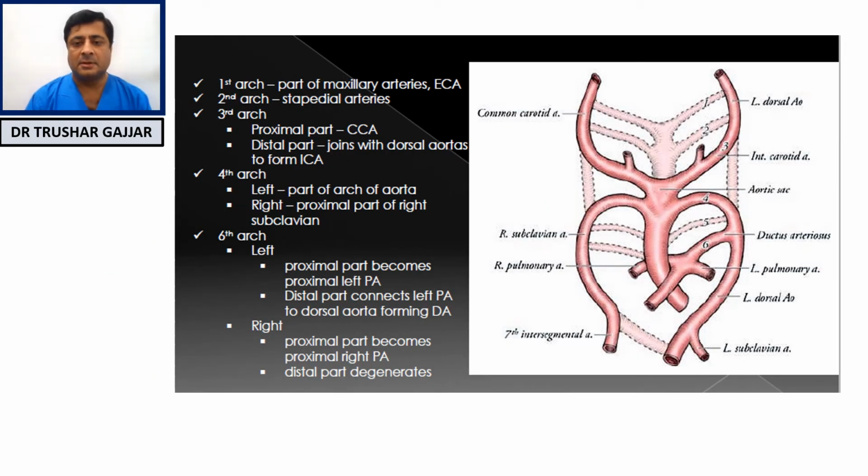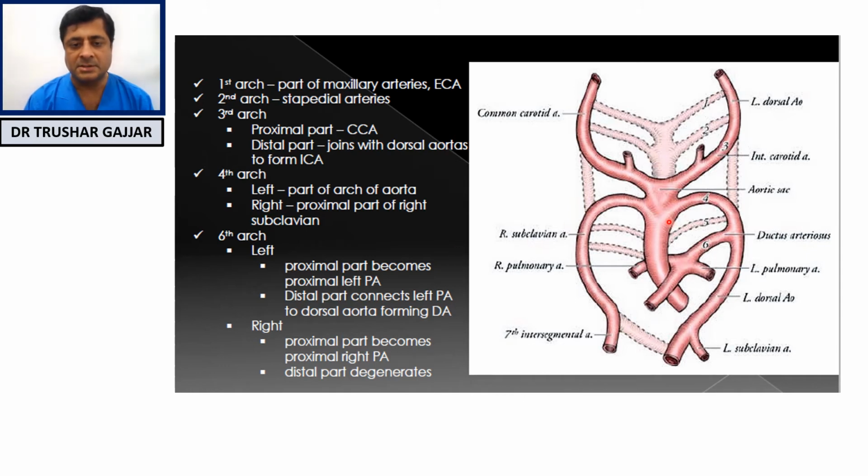So we'll see that the first arch will form the part of maxillary artery and the external carotid artery. The second arch will form the stapedial and the hyoid artery. The third arch will form in the proximal portion the common carotid artery, and the distal portion it will form the internal carotid artery.